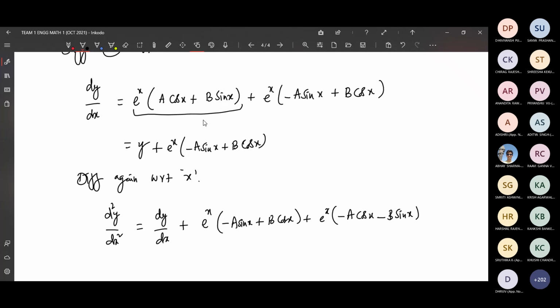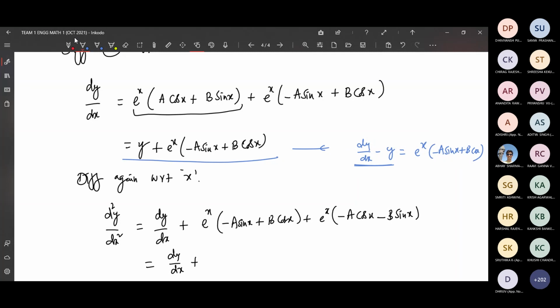And this is simplified as just dy by dx plus this part, which you can rewrite. From this, dy by dx minus y is e power x times minus a sin x plus b cos x.